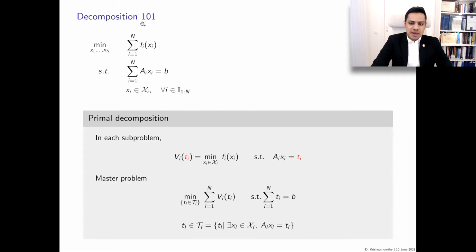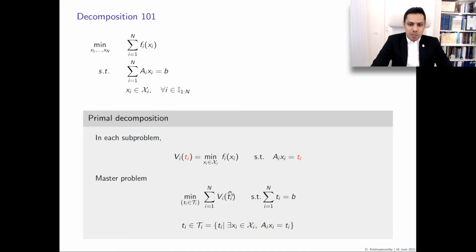to the basic primal and dual decomposition techniques. So in primal decomposition, we directly allocate the shared resource such that the ith subproblem receives Ti amount of the shared resource. And then we solve the subproblems by fixing Ti, and the master problem is as shown here.